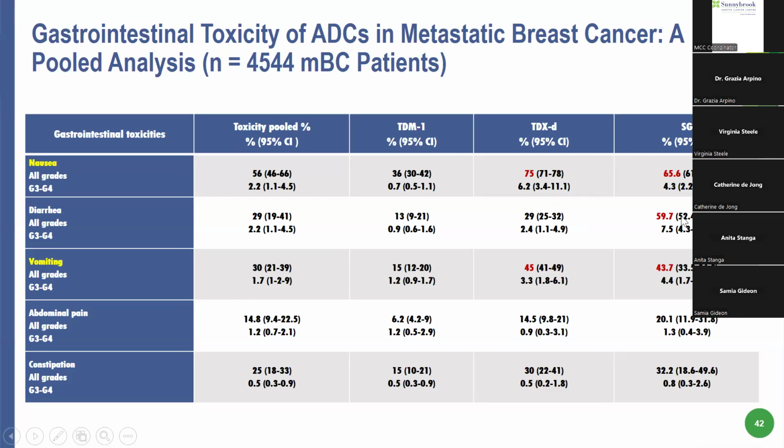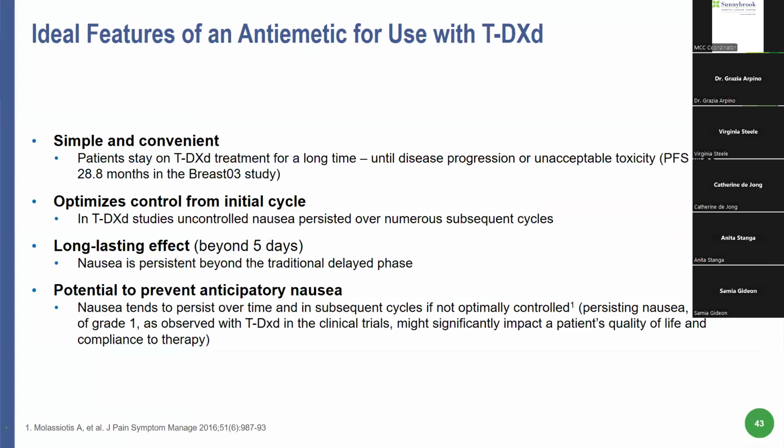For sacituzumab govitecan, we also have another problem, more than nausea and vomiting, which is diarrhea, which we don't see a lot with TDXd but which has quite a high incidence in the sacituzumab govitecan treated population. So it's another side effect we need to pay attention to, because together with nausea and vomiting it may lead to dehydration and fluid imbalance, which may be lethal, as I told you, in older patients.